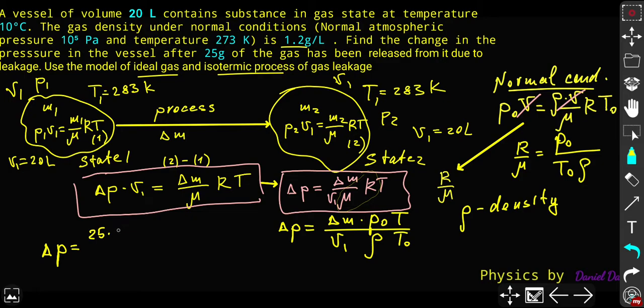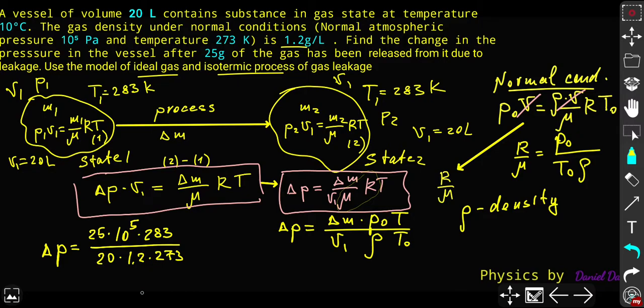So it's going to be 25 times 10 to the power 5, that's the pressure, times temperature, which is in our case 283, that was 10 degrees, and over the volume, which is 20 liters, and times density 1.2 times normal conditions temperature 273.